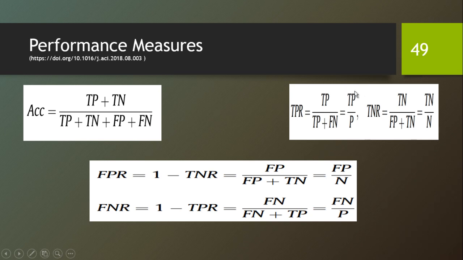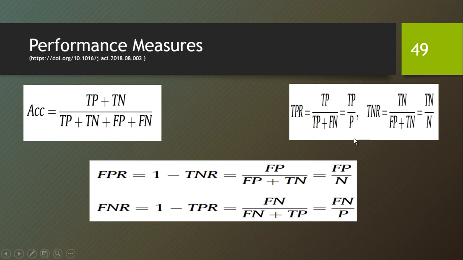So sensitivity, basically the true positive rate or hit rate, also called the recall of a classifier, represents the correctly classified samples relative to the total number of positive samples, and it is according to this equation.